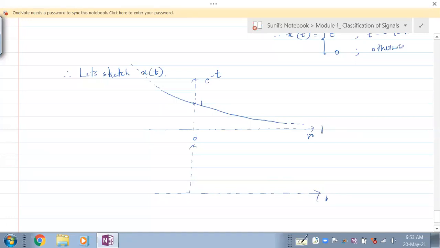This is t. Now the signal is this: e power minus t from 0 to infinity. So this is our x of t, which is e power minus t into u of t. This is just e power minus t, and this is e power minus t into u of t. Is this understood, everybody?